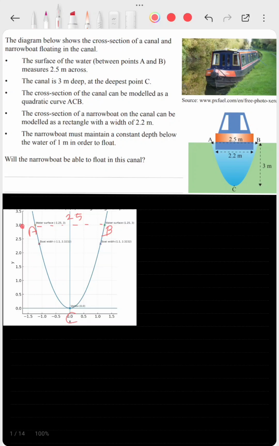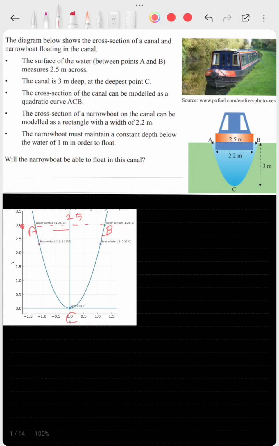Since the parabola is symmetrical, A will be at minus 1.25, 3 and B will be at 1.25, 3.